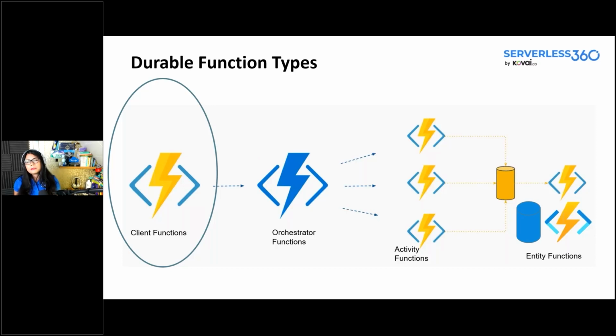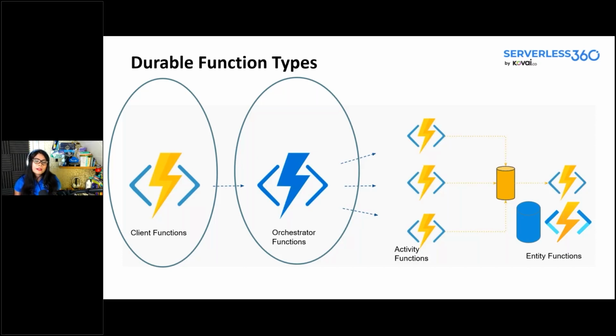This means that you can have, for example, an Azure Blob trigger or Cosmos DB trigger as your client function, and that kickstarts your orchestrator functions. I said functions because you can have several orchestrators, because of the sub-orchestrations.